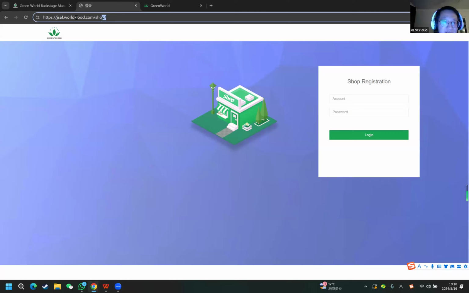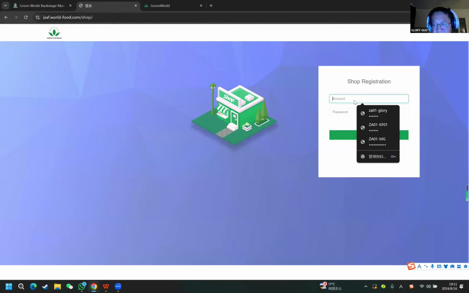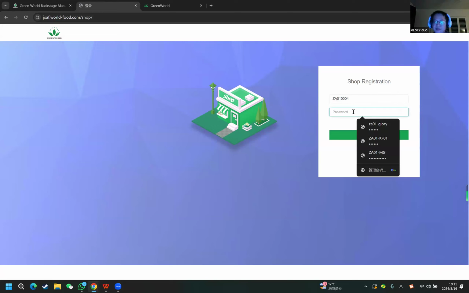Here, as you can see, we get into this website and then we find the account. I'm going to use one of the examples, ZA010004. This is Greenwood shop in South Africa, Johannesburg, number 4 shop. And we use password 11111111.